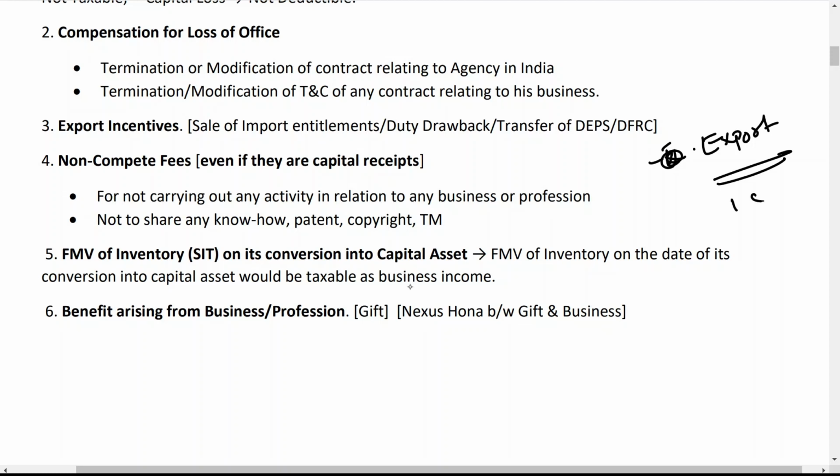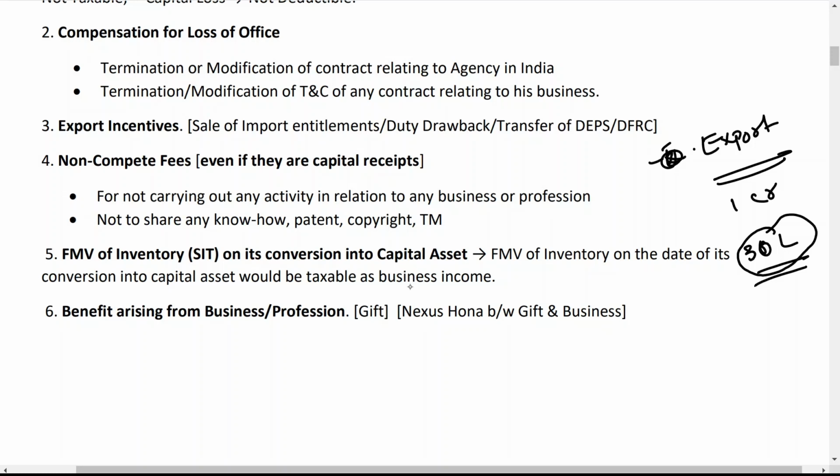If you have done export of 1 crore, you are eligible to get an import license of 30 lakh. That means directly you can import from outside India a product of rupees 30 lakh. This is only a license.